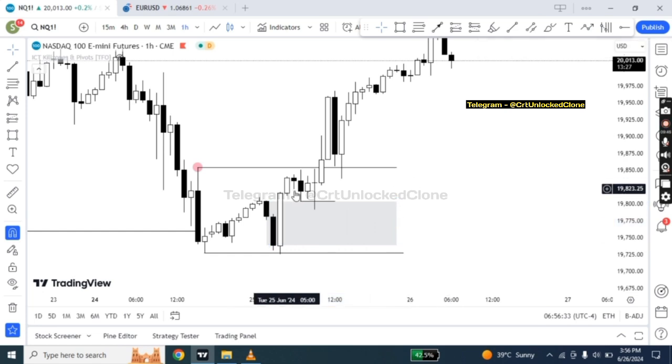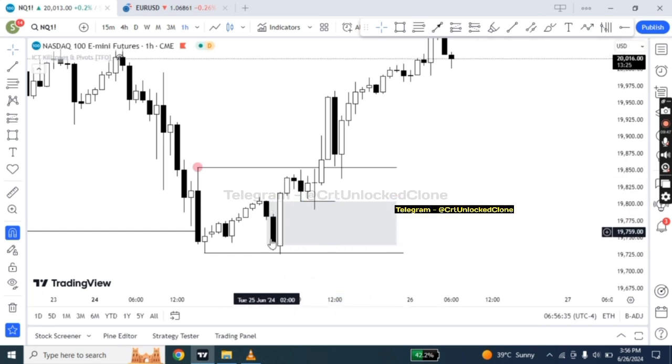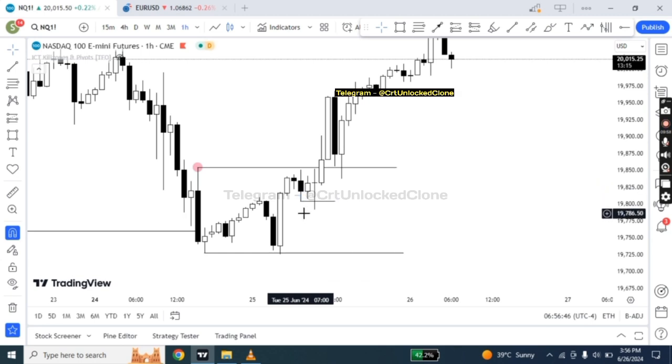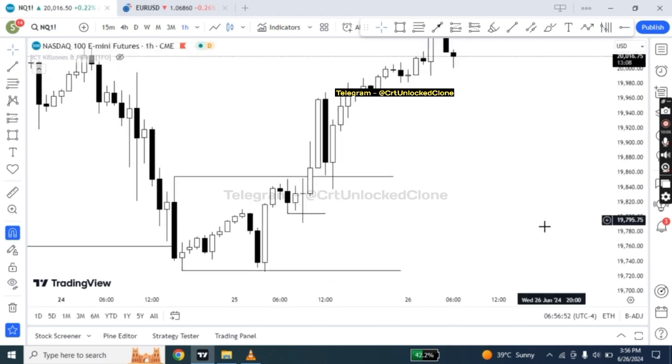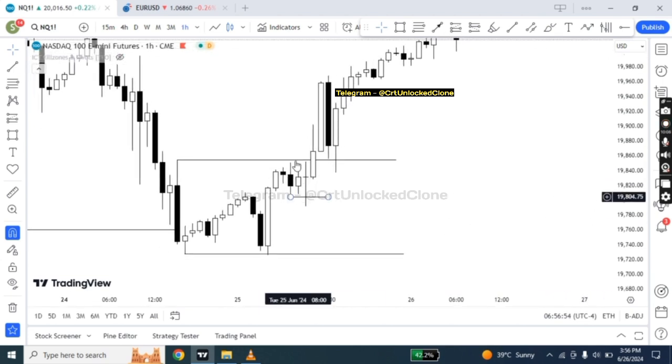The first one being that this candle dug into this order block right here, dug into this key level, and not only that, this candle was formed at a key time, which is 7 a.m. Eastern time. The 7 a.m. Eastern time, along with other times, is a key time for a 1 hour CRT to be formed.